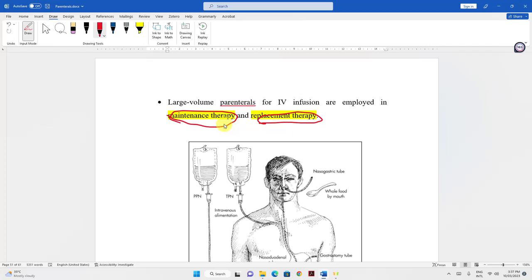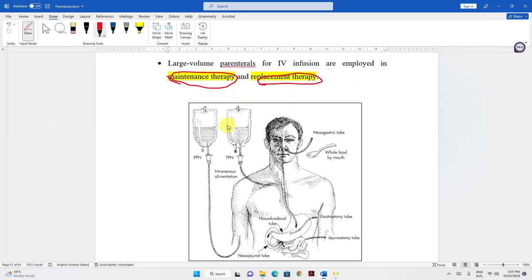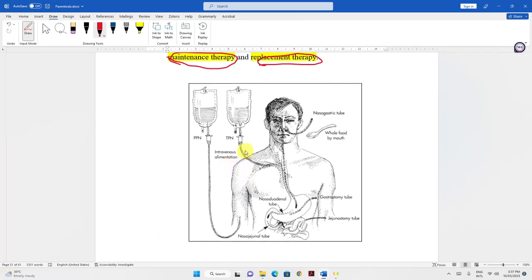Okay, maintenance is just giving the daily requirement of electrolytes, carbohydrates, etc. Okay, see here the TPN, total parenteral nutrition. It's given through a central vein. Why? Later we will talk about it. Or we might give the parenteral nutrition by peripheral vein if it has a low concentration of ingredients.